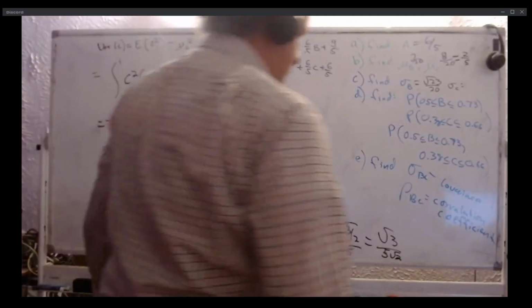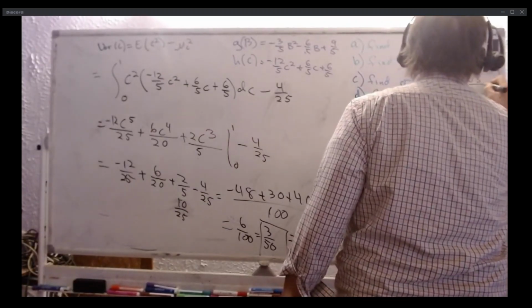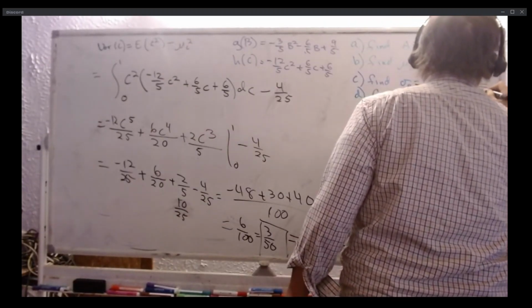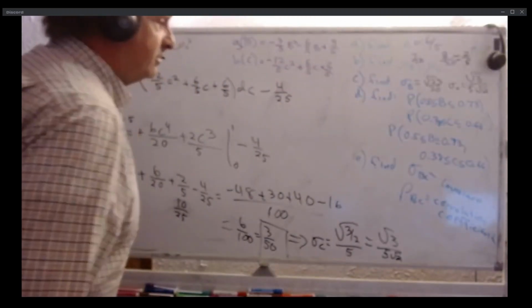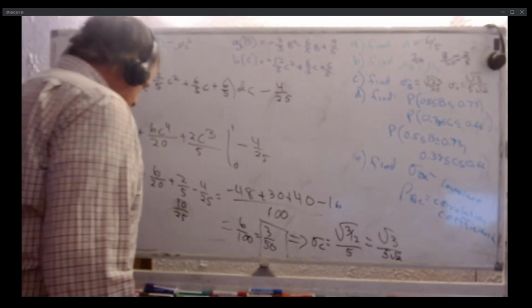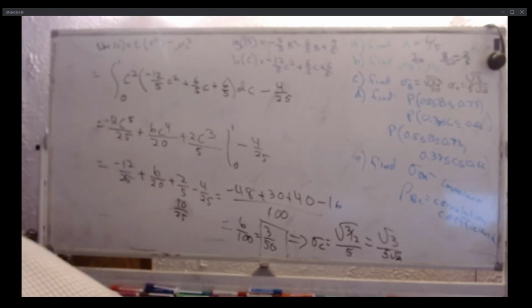Okay. So square root of 3 over 5 square root of 2. Are there any questions on this, guys? I gotta clean up my office again.